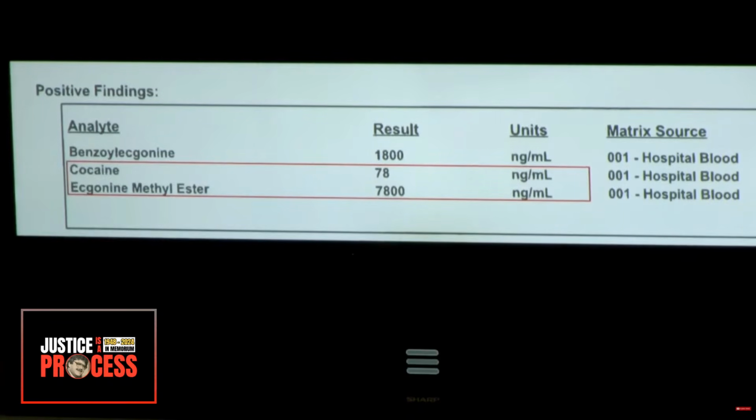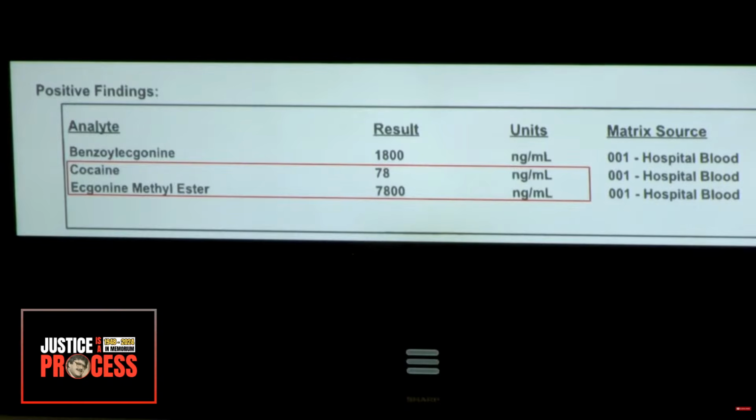Most everything else relies on being circulated through the liver, and really nothing changes after death as far as if you get them to autopsy soon after death. In this case, the ecgonine methyl ester has formed because the esterase in that clear top tube that didn't have the preservative to stop the breakdown has broken down the cocaine into ecgonine methyl ester.